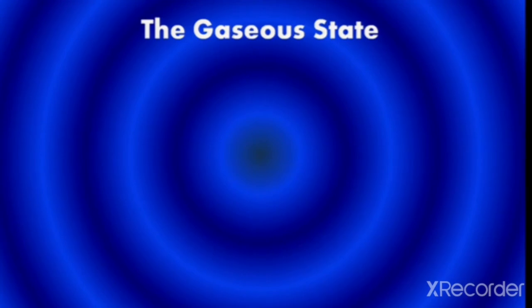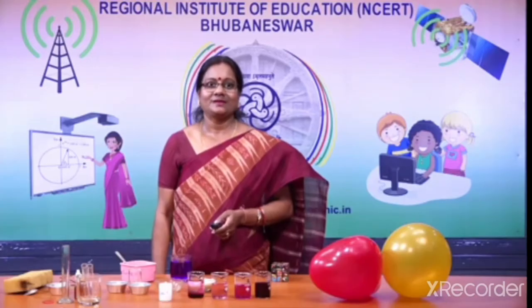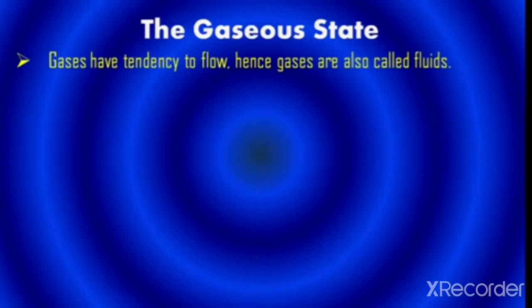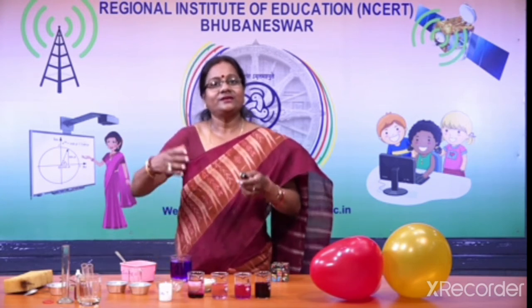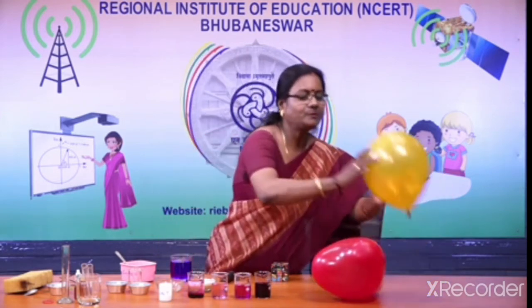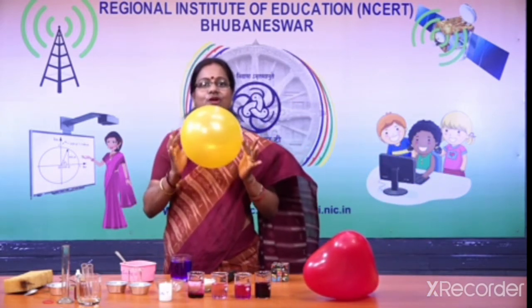Now comes the gaseous state. Gases have tendency to flow, hence gases are also called fluid. We say gases can also take the shape of the thing in which they are put. For example, let me show you. I have a balloon. This is a sort of round balloon.